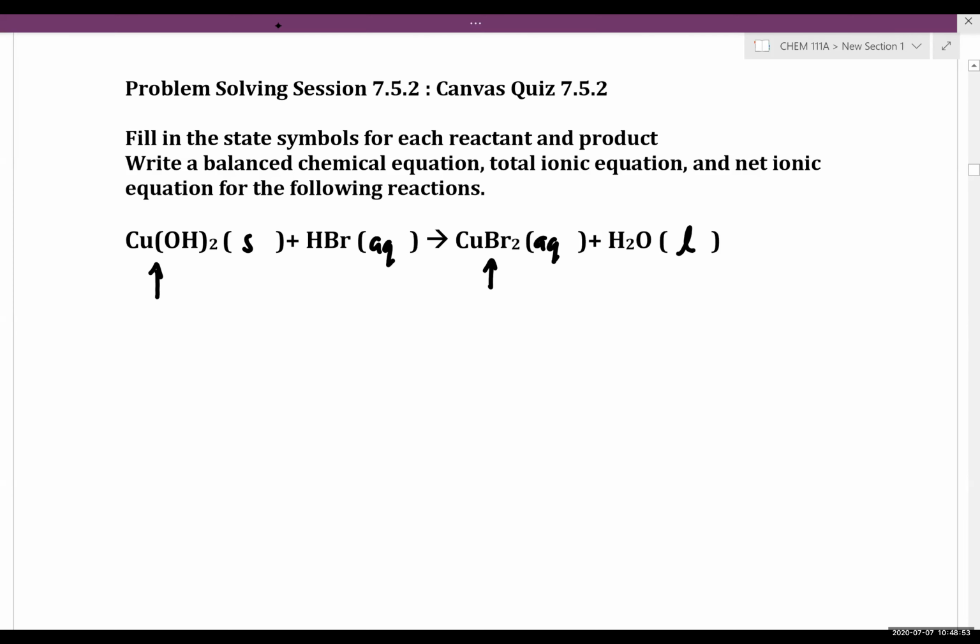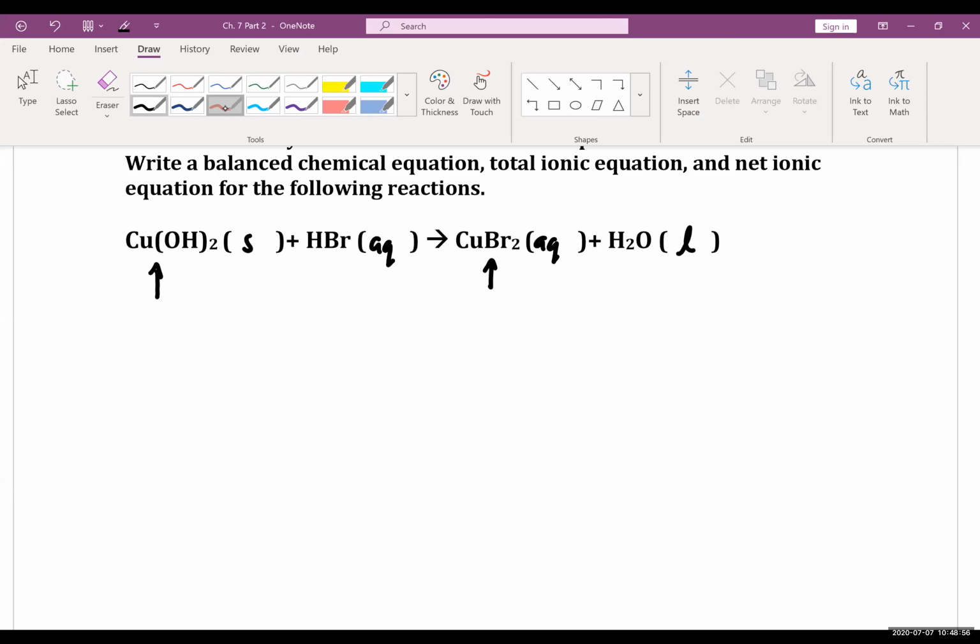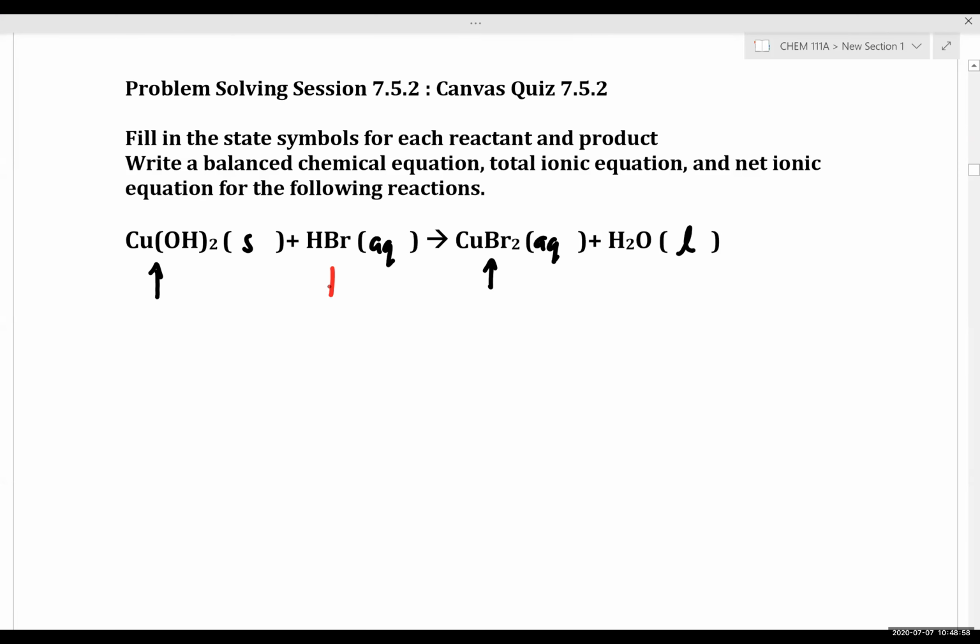Okay, now let's do some balancing. So looking at this left side, we have 1 bromine and 1 hydrogen. And if we want to get 2 bromines, what coefficient do we need for hydrobromic acid? 1 times what would give us 2?